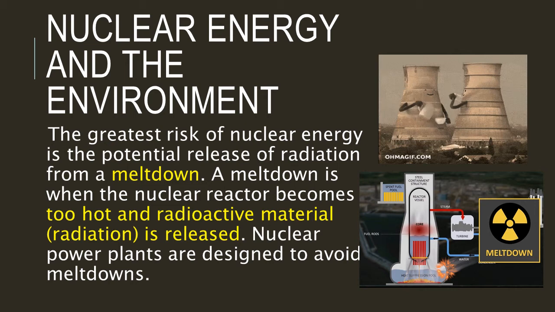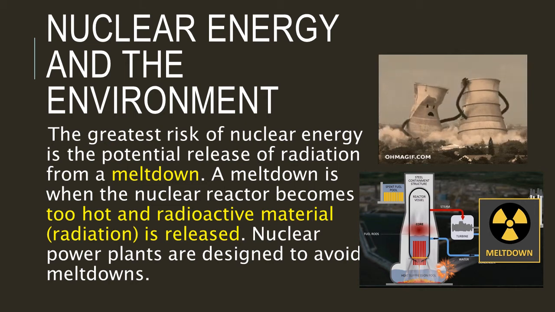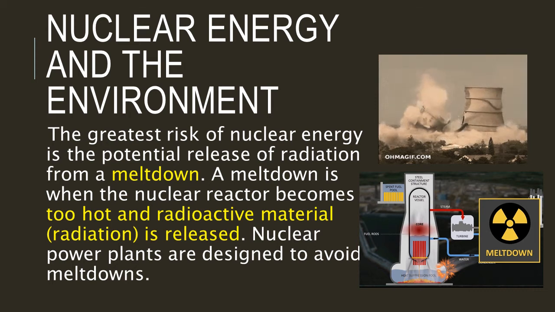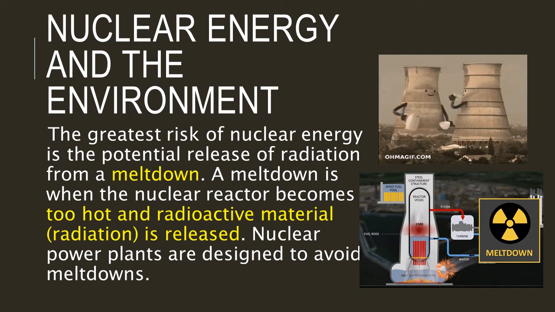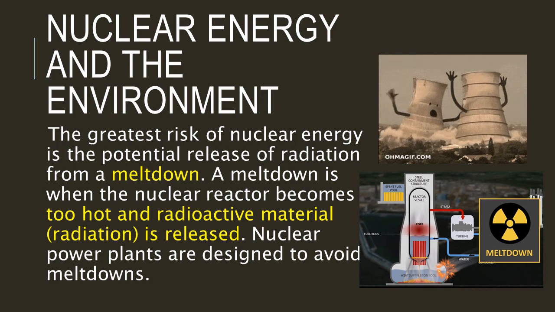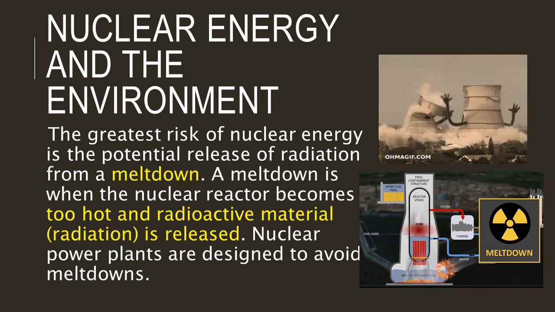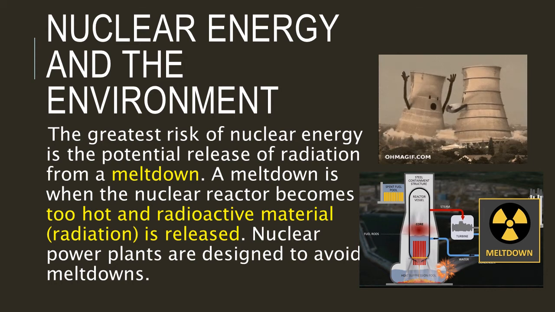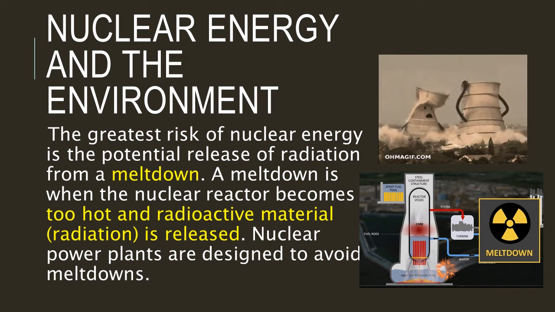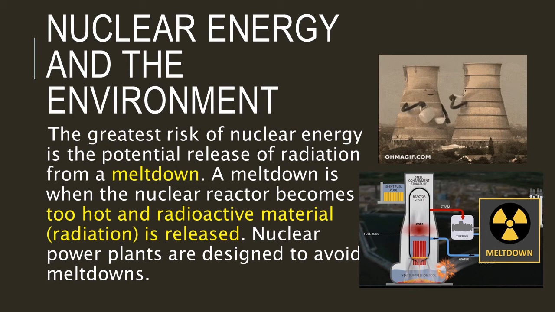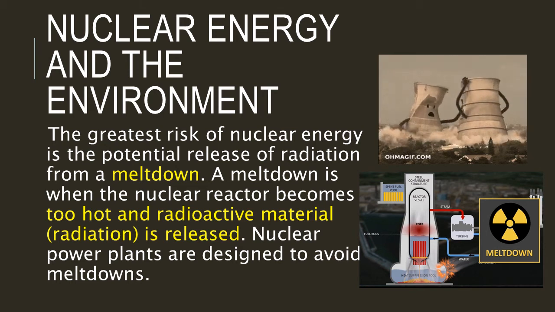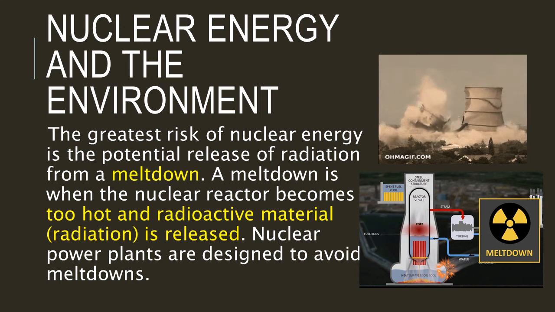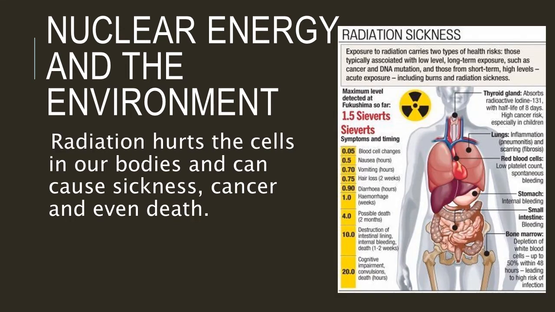Nuclear power plants are designed to avoid meltdowns. So it takes a lot to cause a meltdown, and if one should happen, these reactors and these facilities are designed to protect against leaking radiation. But that doesn't mean it has not or does not happen.